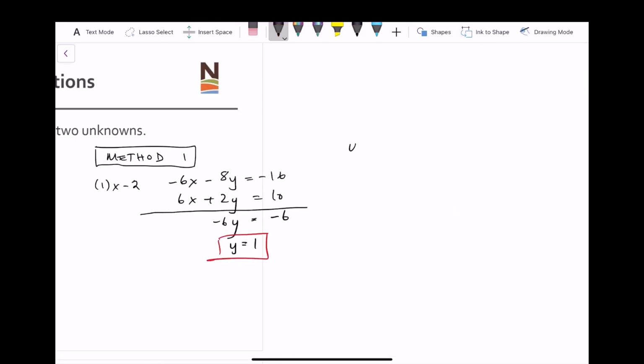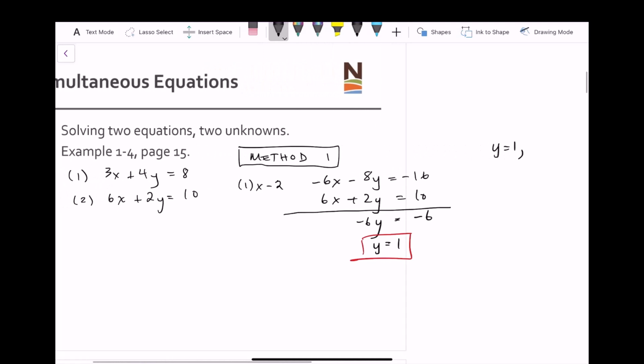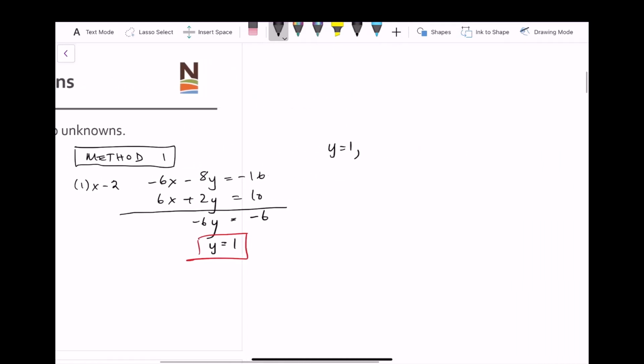Using y equal to 1, we're going to sub that into our original equation 1, which is 3x plus 4y equal to 8. So 3x plus 4 times 1 equal to 8. 3x plus 4 equal to 8. So I'll bring the 4 to the other side, and we get 3x equal to 8 minus 4.